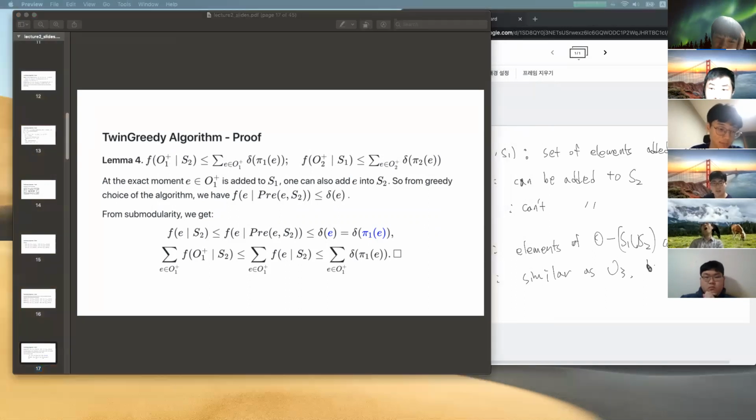To prove this, first we prove lemma 4. We'll consider the exact moment when E was added to S1.